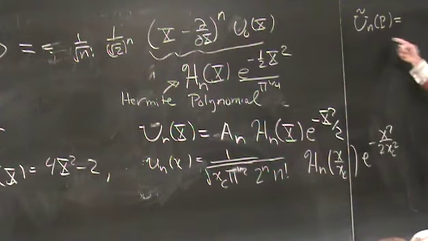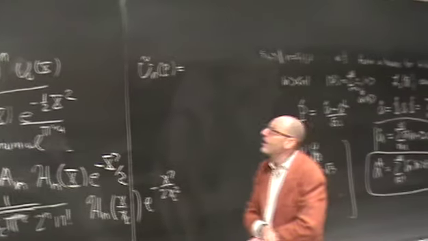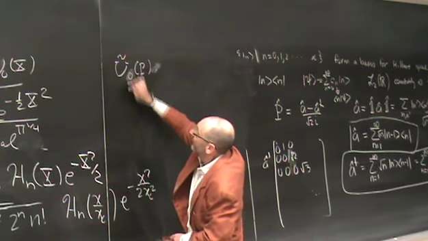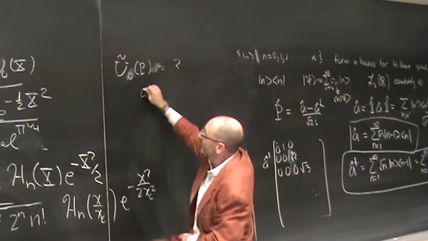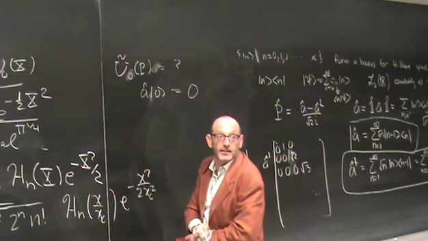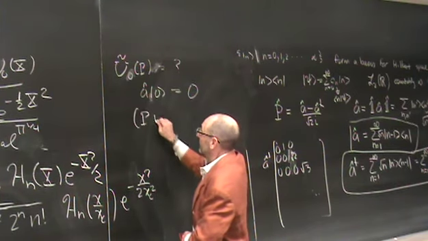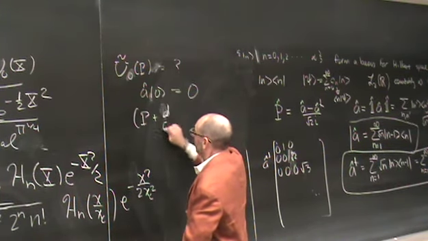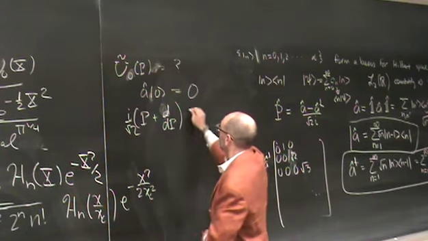Okay, what about in momentum space? Well, firstly, we can see right away what this is. Again, we start with the equation that we annihilate the ground state. And in momentum space, this is the annihilation operator times i over root 2.